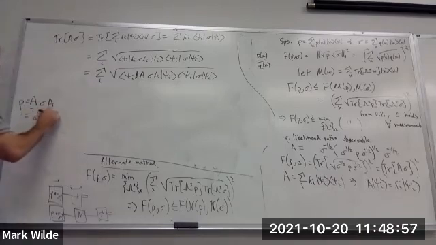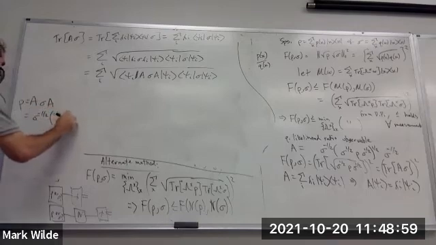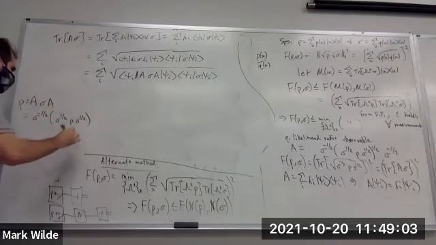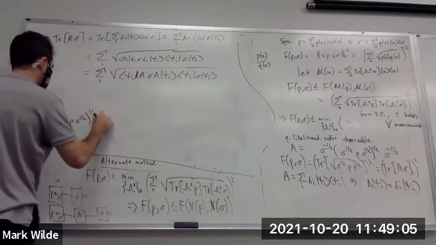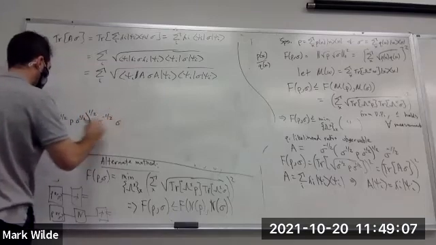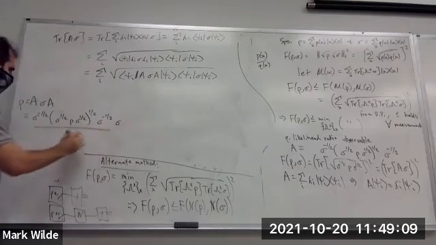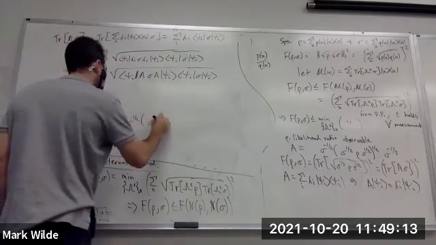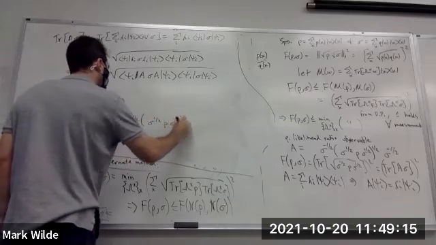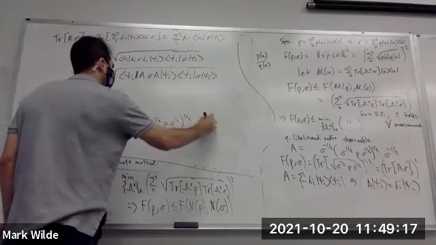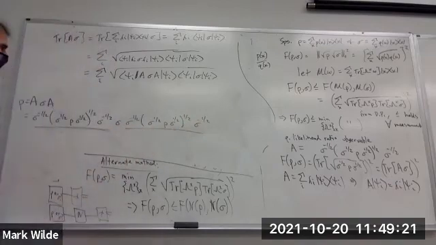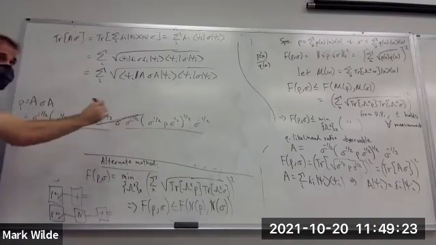Sigma minus 1/2, sigma 1/2, rho, half, half, sigma. So this whole thing was A, right? I'm going to mirror it over here. This whole thing is A as well, right? This part collapses to identity.